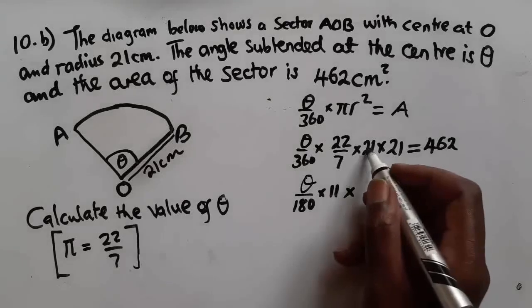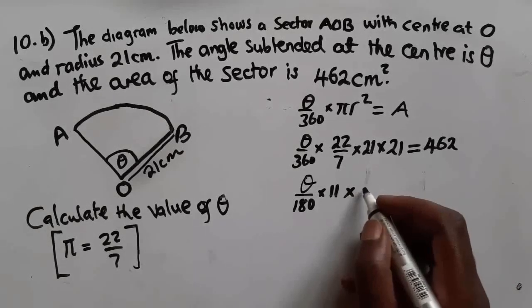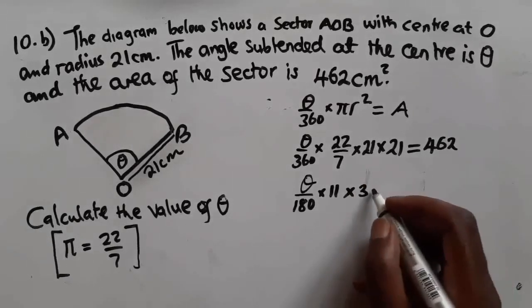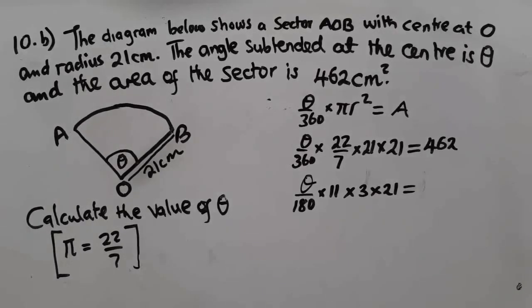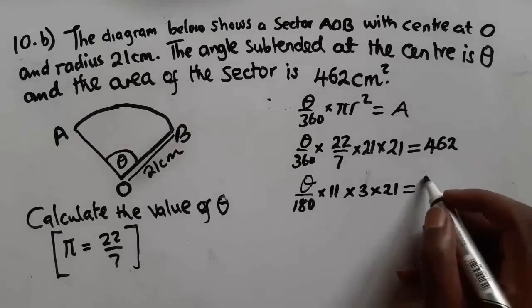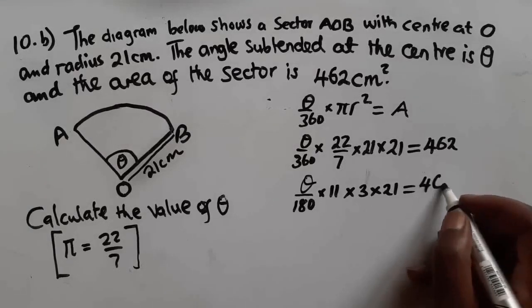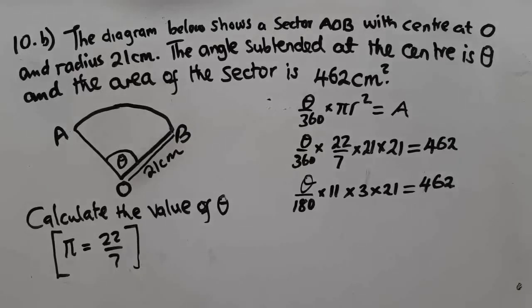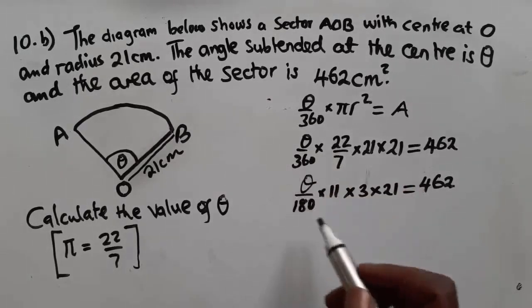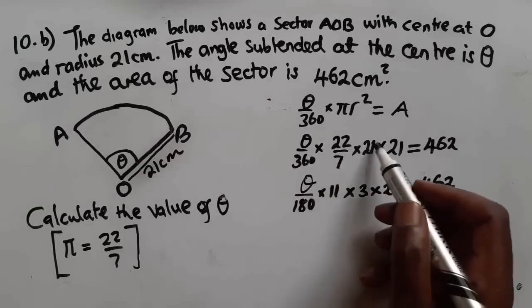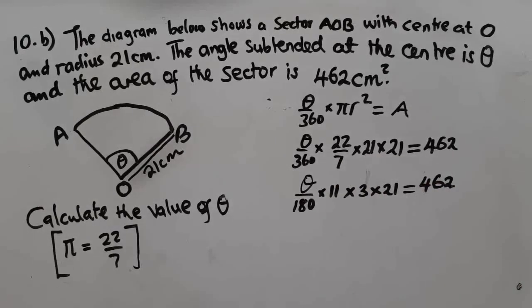Then 7 into 21, this is going to be 3 multiplied by 21, and this is equals to what do we get? 4, 6, 2. I hope this is very clear, ladies and gentlemen. So we broke down this, we simplified 11, 1, 8, 7 here, 1, 7 here, 3. That is where we are now.